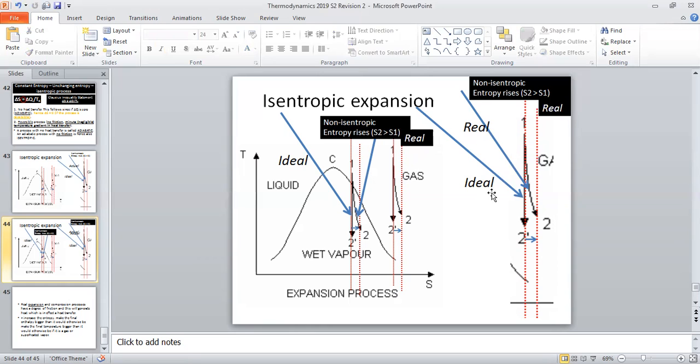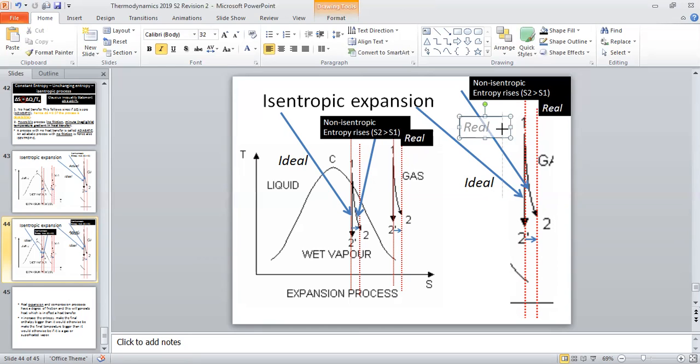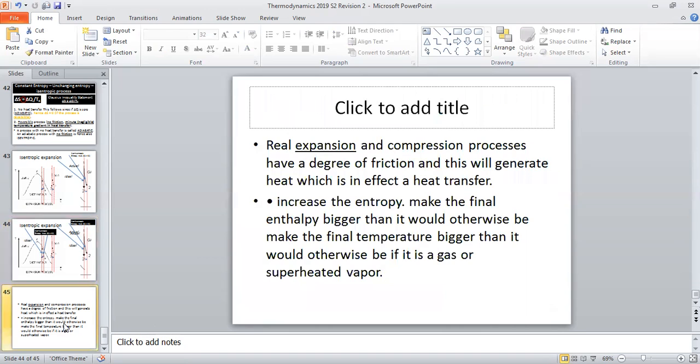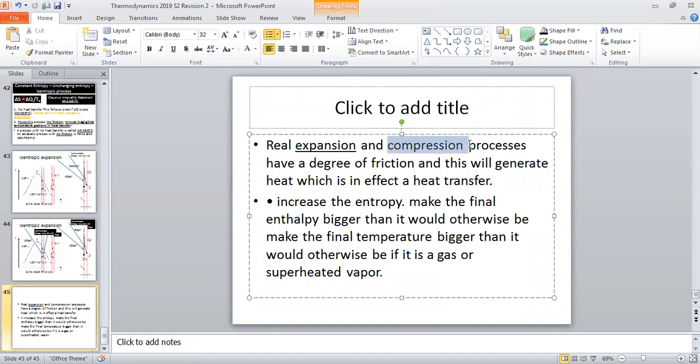So ideal is the limit of the real. Of course, that is not fully achievable, but how close real is to ideal, we use the word efficiency here, isentropic efficiency. Later I will share it with you. So real expansion processes and even compression processes have a degree of friction.